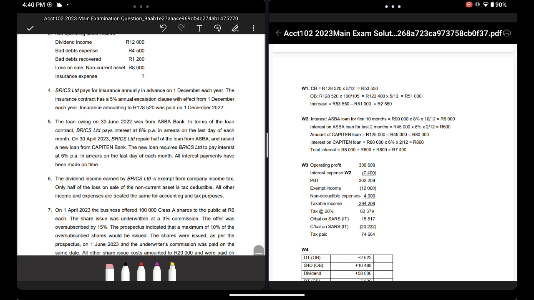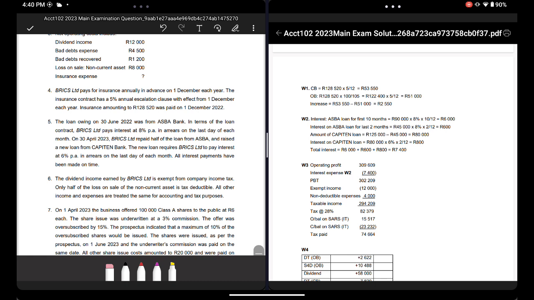Every December you pay only once for the whole year, so you'll always have a prepaid of 5 months.